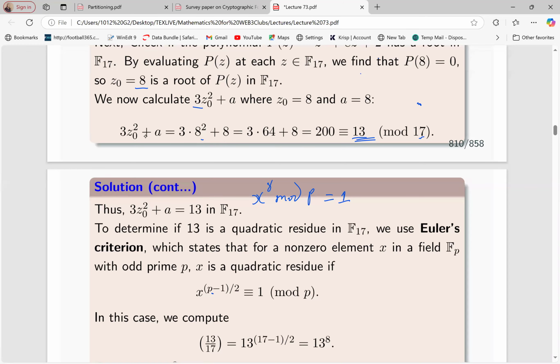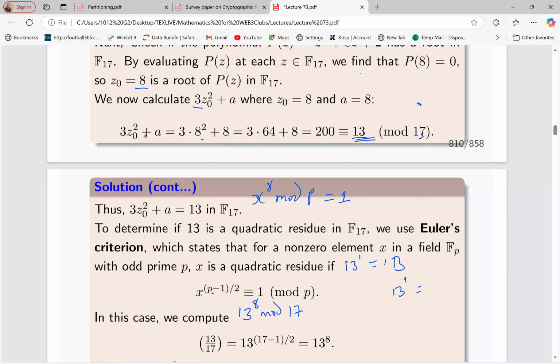So taking 13, raising it to 8, and doing this mod 17, I want to see whether the result would be 1 or negative 1. This can be done using the fast powering algorithm, very fast. First of all, 13 raised to 1 is just 13. What about 13 raised to 2?